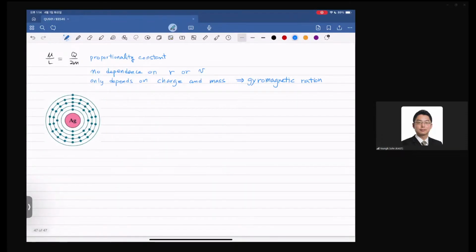So it's a Stern-Gerlach experiment. It used the silver atom.